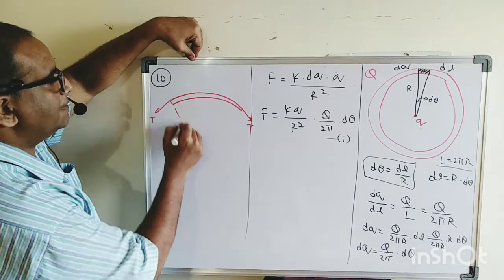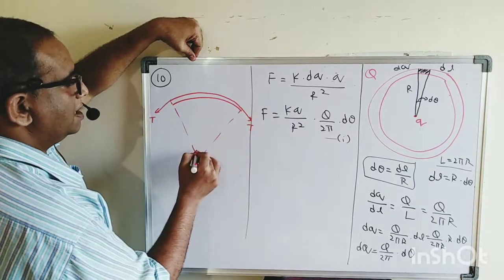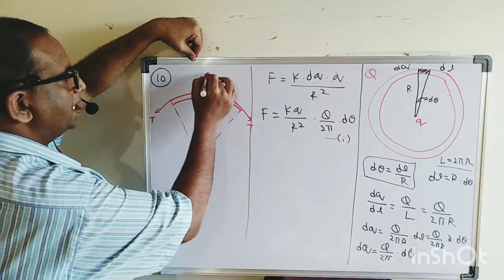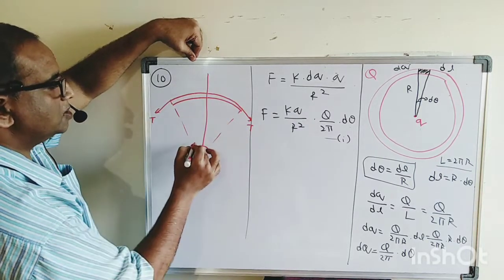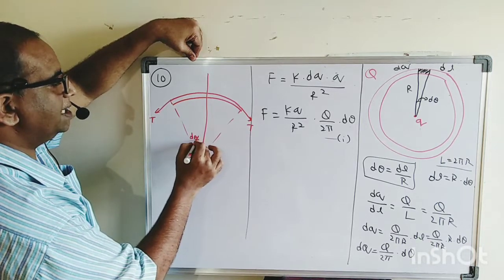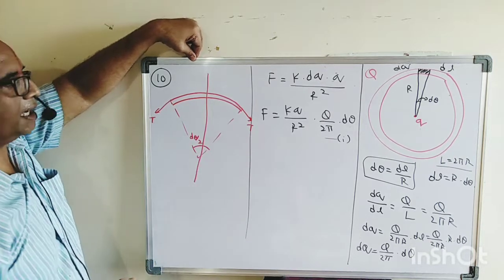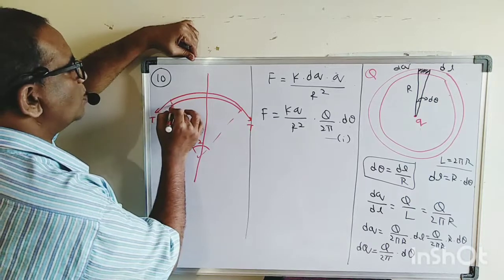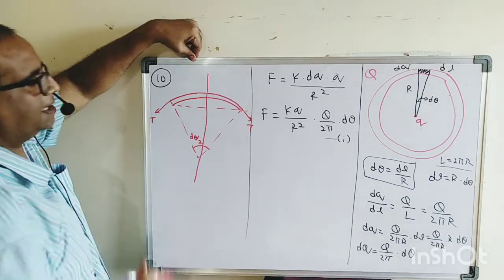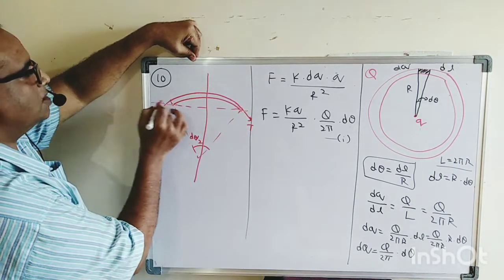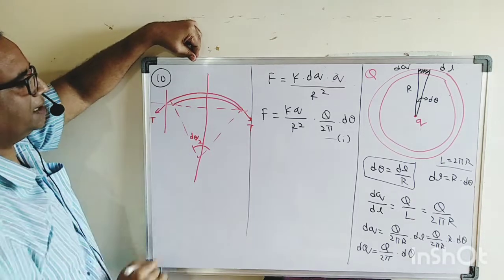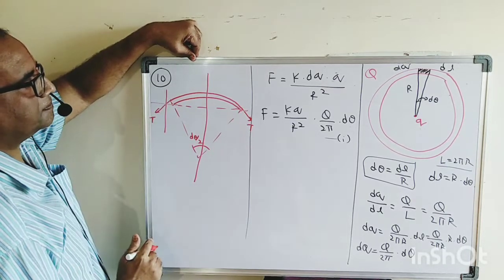What we have here, the angle here is d theta. Let us make it into two parts, so the small angle will be d theta by 2. Remember, this is a small angle. Observe here carefully, this is d theta by 2.